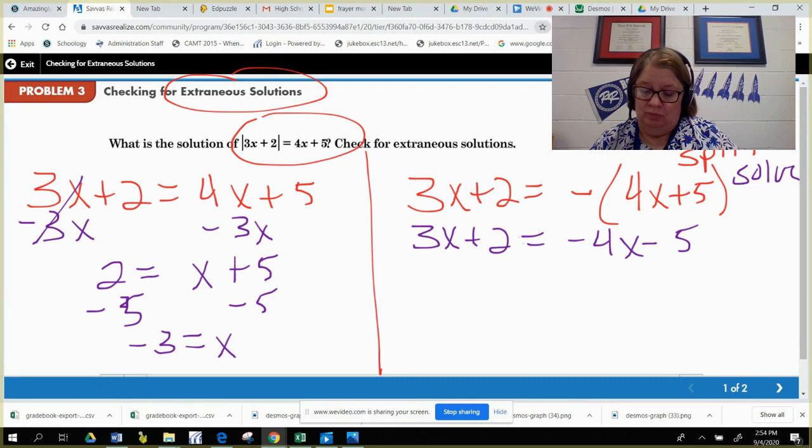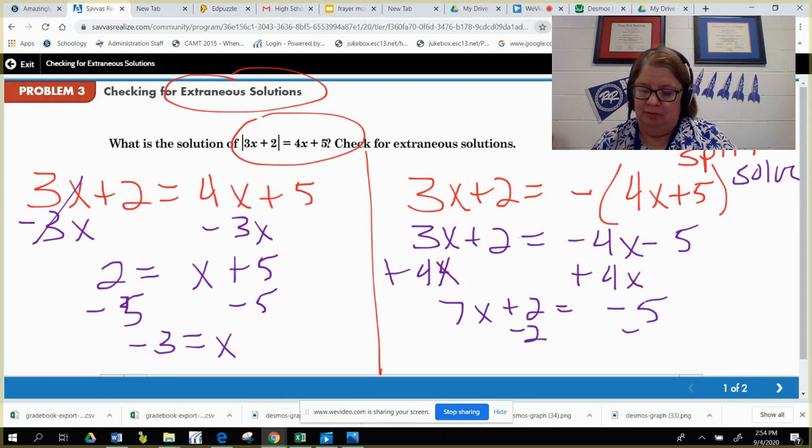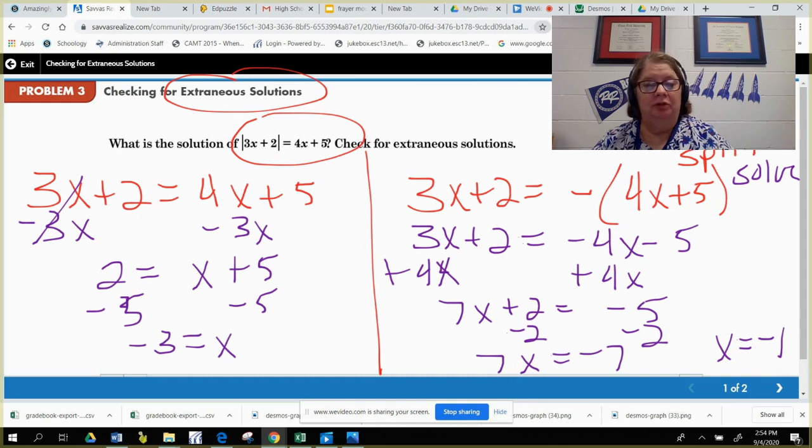Then I want the x's all together on one side, so I'm going to add 4x. Subtract the 2. Divide by 7. So I have two solutions, x equals negative 3 and x equals negative 1.